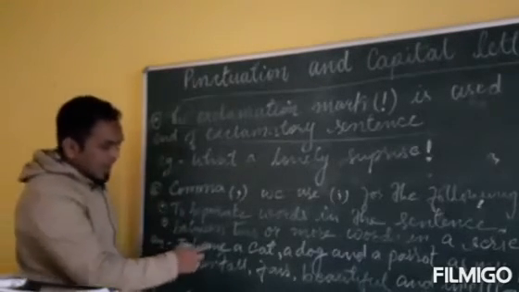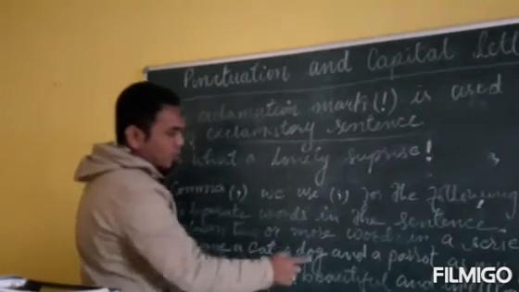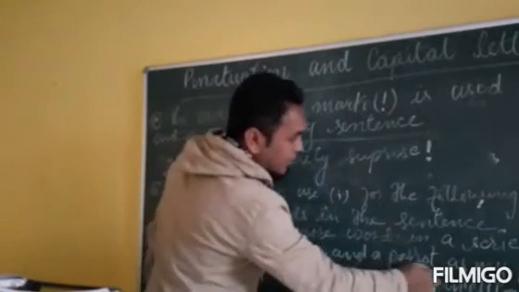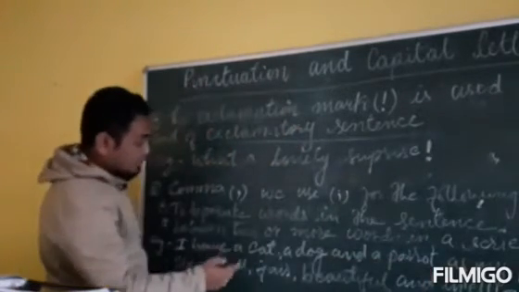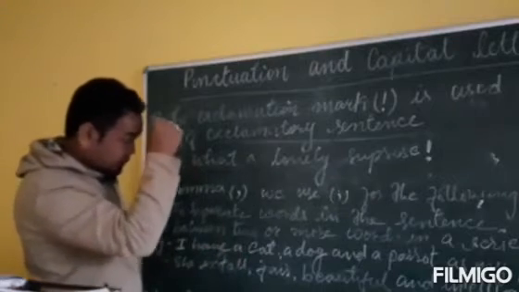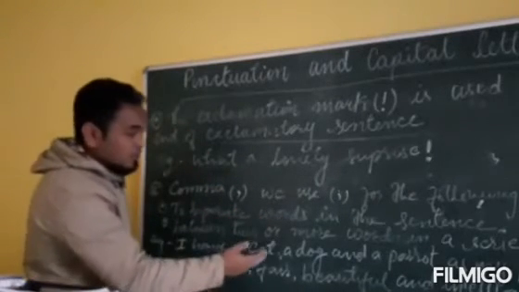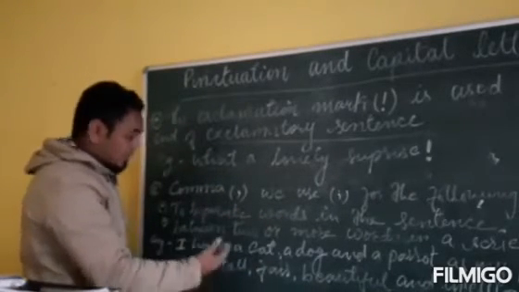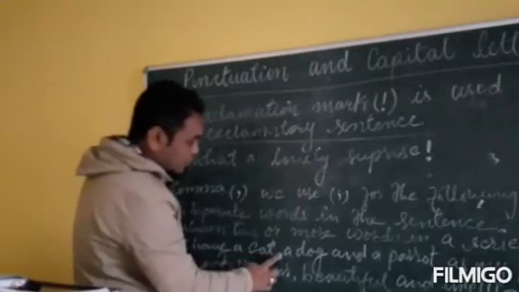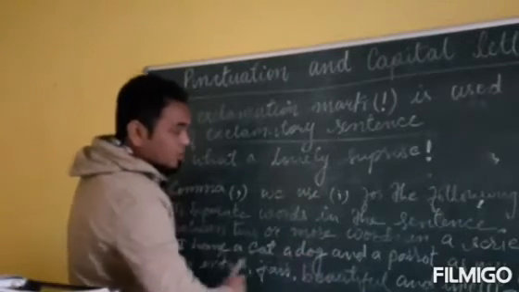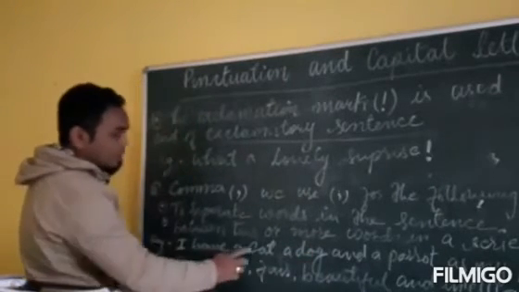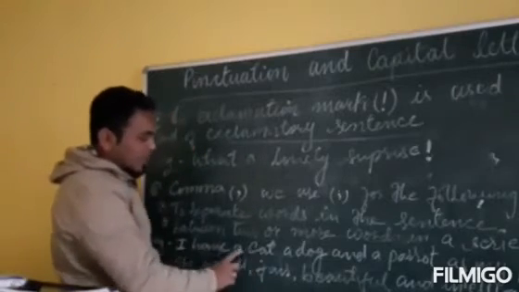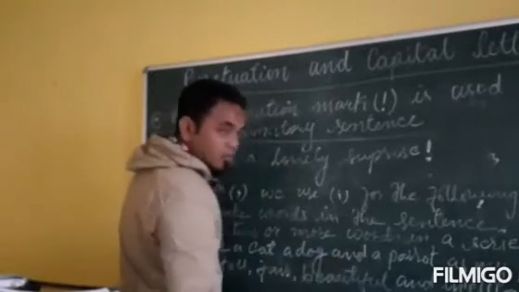For example, I have a cat, a dog, and a parrot as my pets. So here are many words in the sentences. Okay? So that time you have to use comma to separate the words in the sentences. So I have a cat, a dog also, and parrot also.